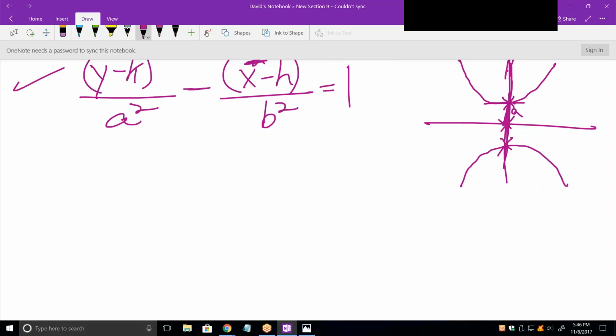And these hyperbolas that I've drawn here are at the origin. Makes it easier to talk about them. They don't have to be at the origin. In other words, if there's a K and an H, then they're not at the origin. But the way I've drawn it here, the center is at the origin. Okay? And that's A, and B would be this distance.